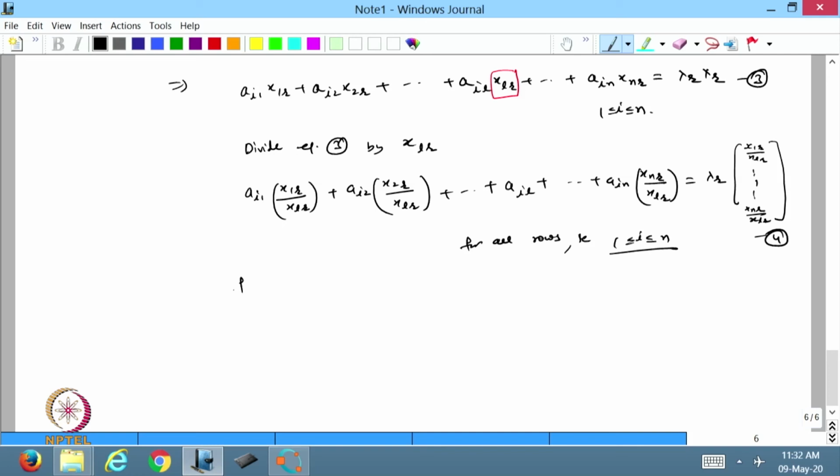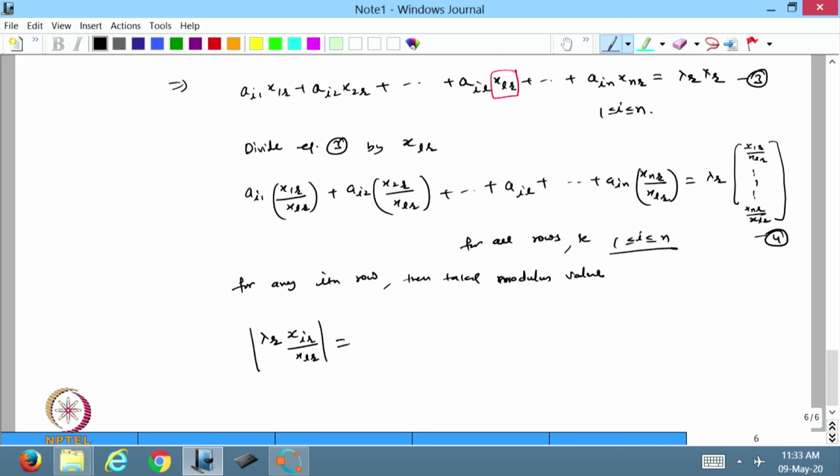Now, for any ith row, so I just take any ith row, first I choose ith row and then taking modulus value. So, I will get lambda_r, and then this is x, any x_i^r divided by x_L^r, and then I am taking the modulus value.